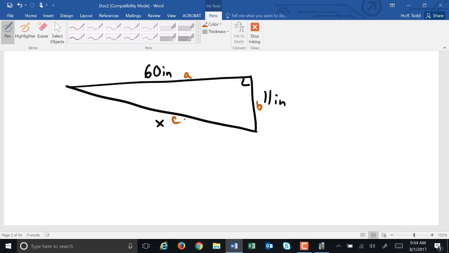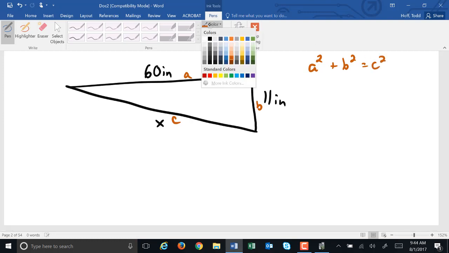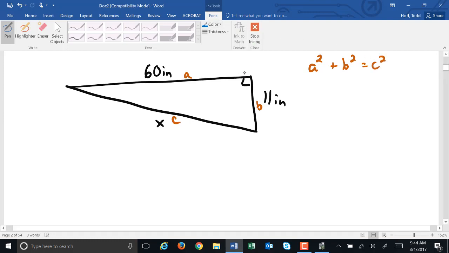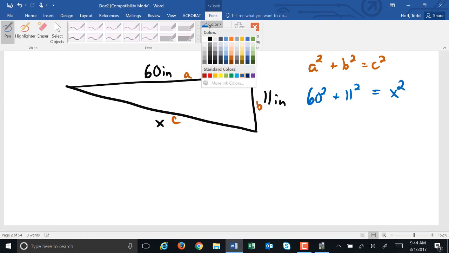X is the hypotenuse. So if I call the two legs A and B and the hypotenuse side C, we know A squared plus B squared equals C squared. So that gives us 60 squared plus 11 squared equals x squared.